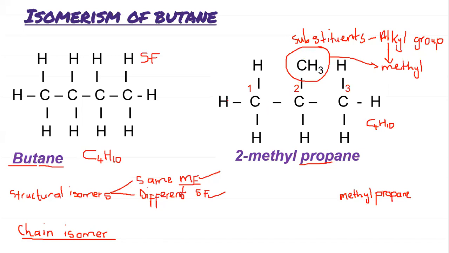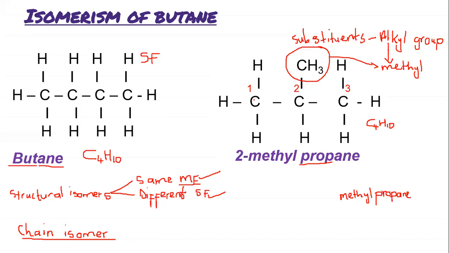Every time you number the parent chain, and this is an IUPAC rule, my learners, you must number it in such a way that the substituent is on the lowest numbered carbon.